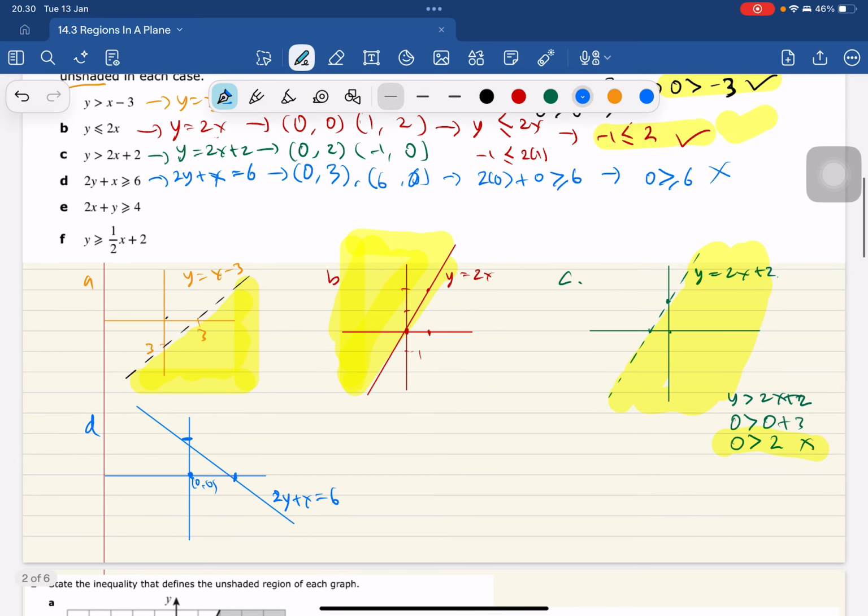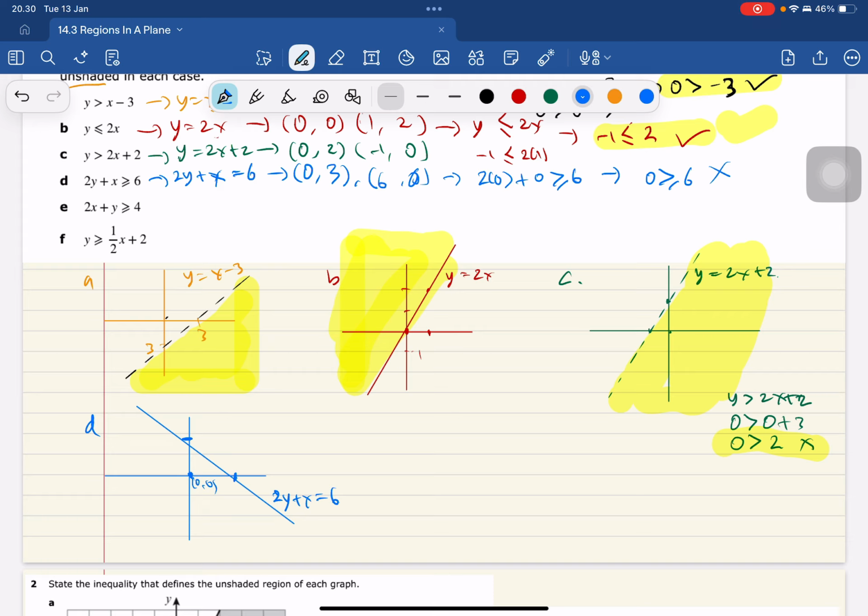So 2 times 0 plus 0 is going to be bigger than or equal to 6, which does not satisfy the inequality.